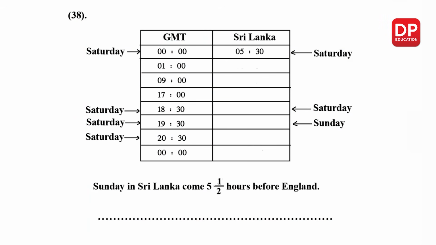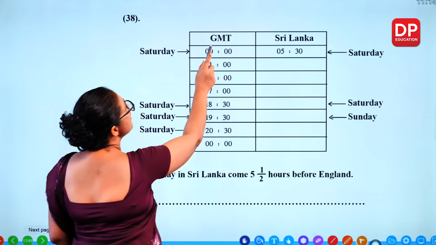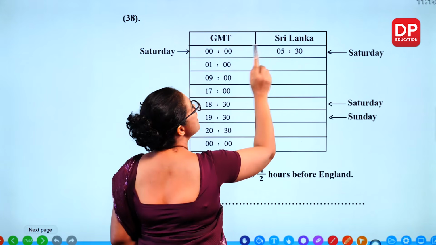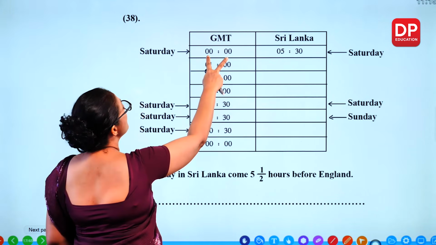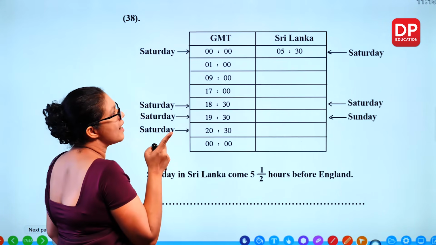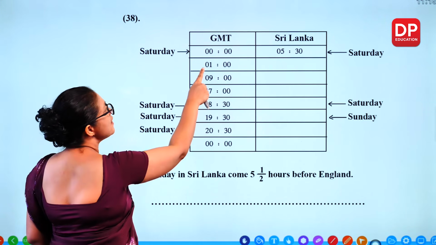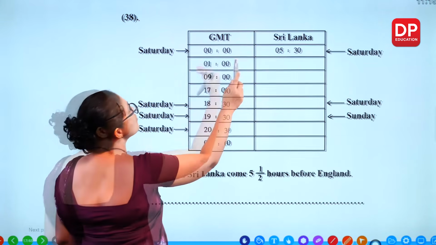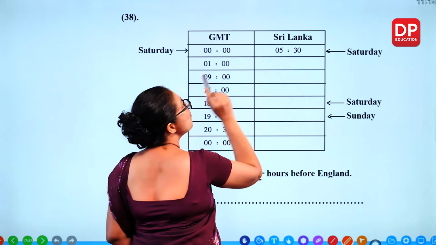Take this question. Greenwich Meridian time is given and this is Sri Lankan time. So 0 means Saturday 5:30 in Sri Lanka. If this is 1, what's the time in Sri Lanka? This is 1, so you have to add 1 hour.